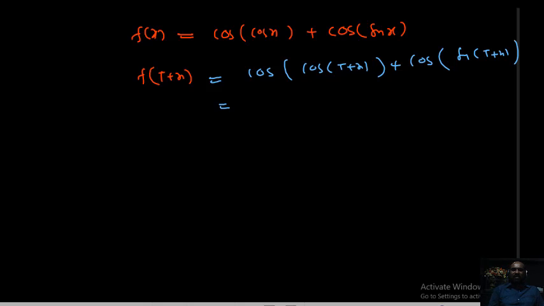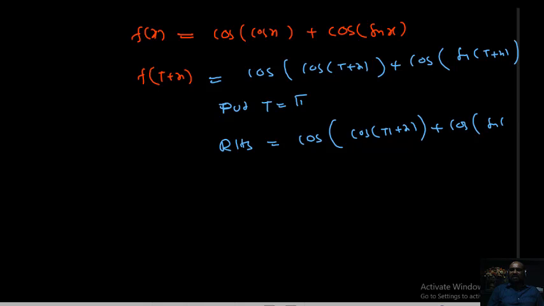So I will check for pi. Put t equal to pi, then what happens to the RHS? I will write cos of (pi plus x) plus cos of sin of (pi plus x).